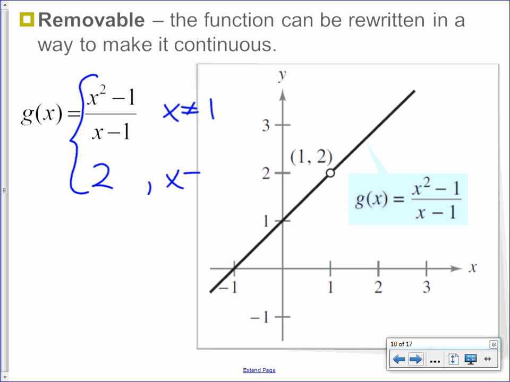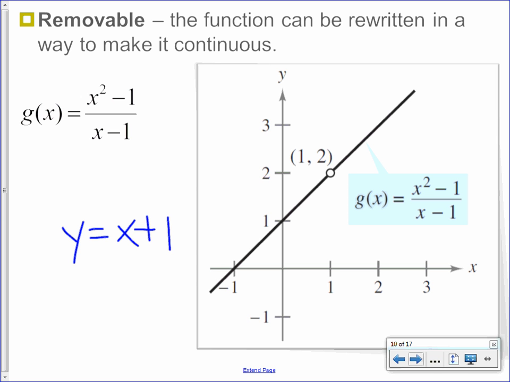When x equals 1, I fill in that hole and it's now continuous. Or we can say this is the line y equals x plus 1, and that is continuous. We can remove that hole if we rewrite our equation.